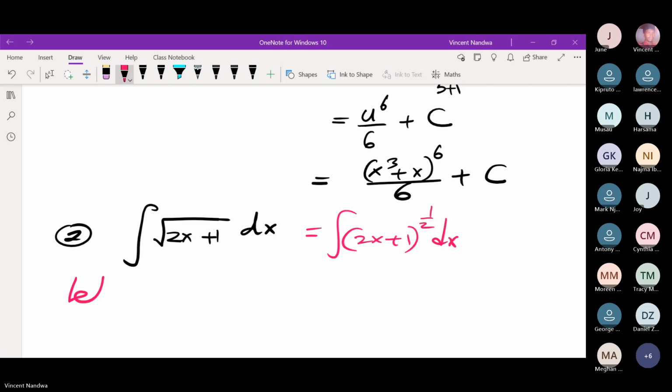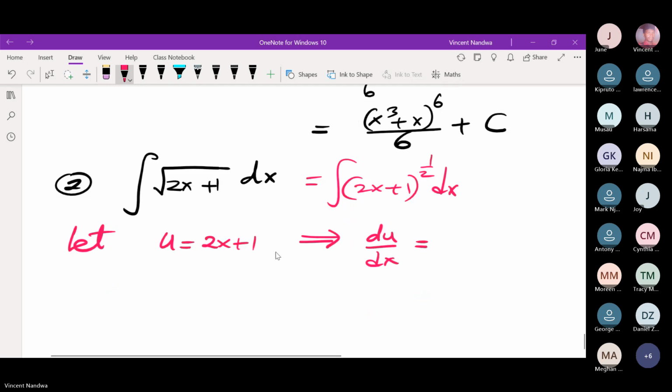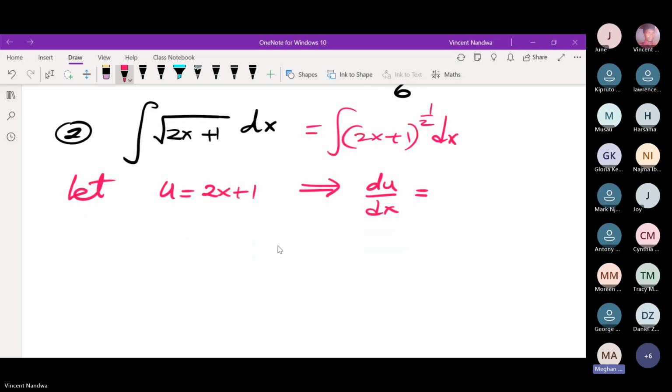So what will be our u? 2x plus 1, correct. So which means that du/dx will be 2.